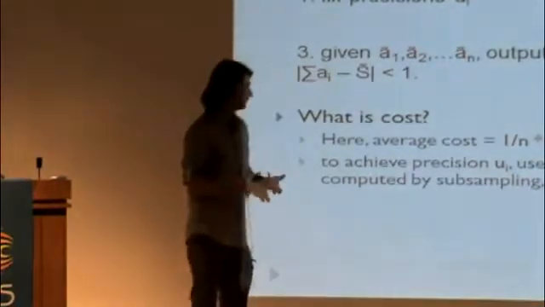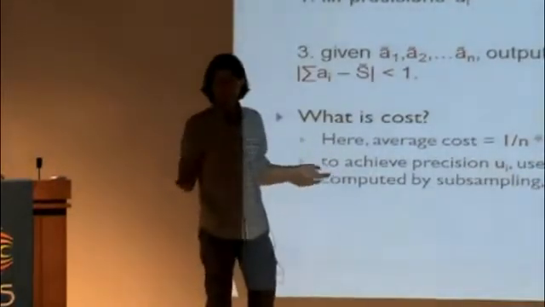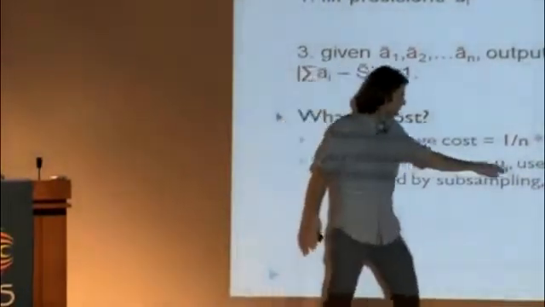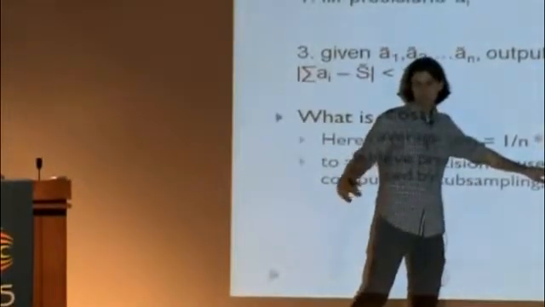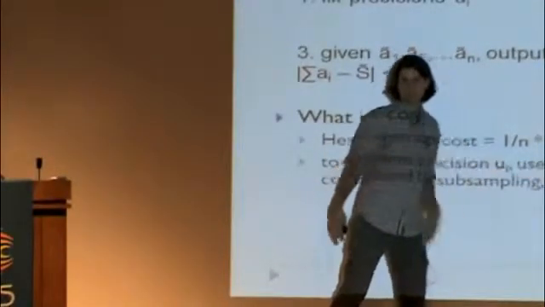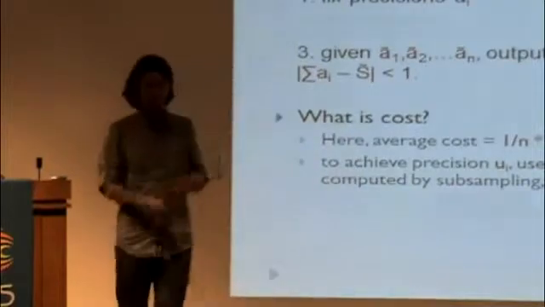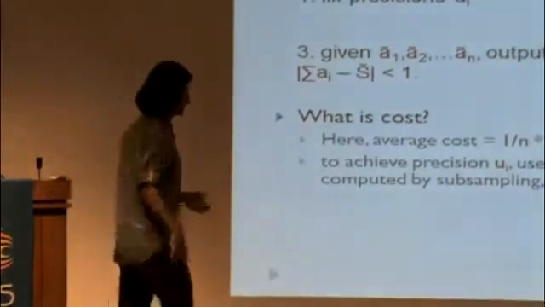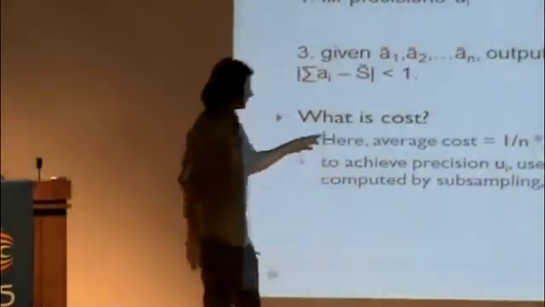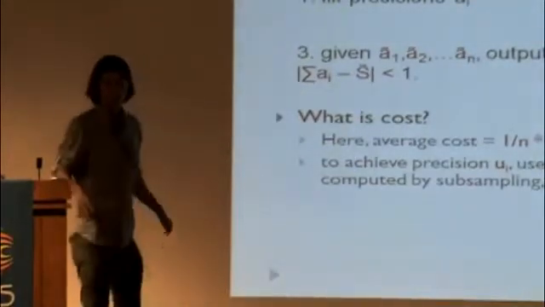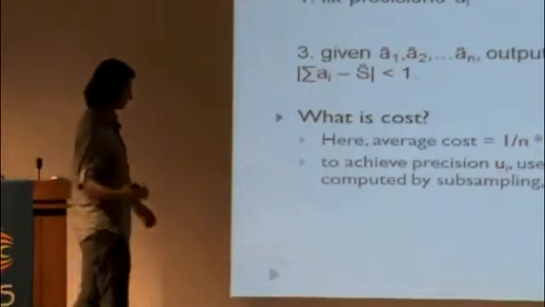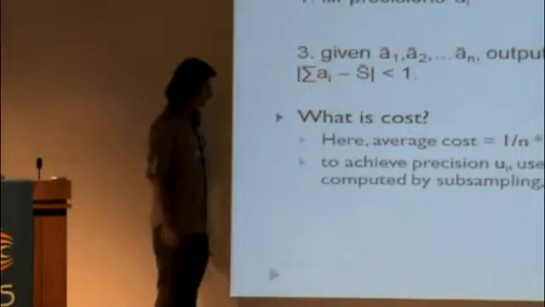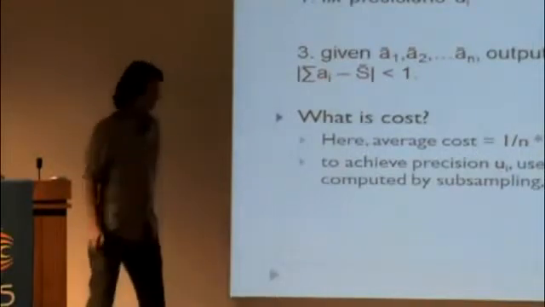If it is a sum of something else, and it requires some precision, then this is roughly how many subsamples you need. If you want to estimate a sum to precision UI, then you roughly need 1 over UI resources, in terms of space or samples. So it is natural to measure it this way.